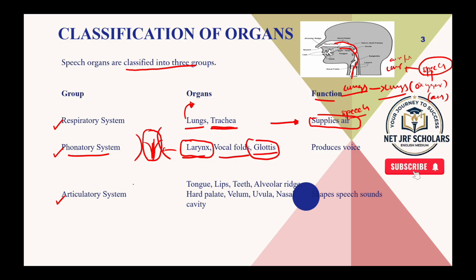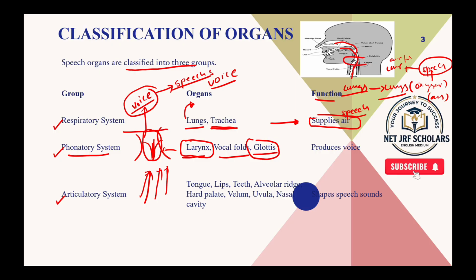Before this, the air is just coming from the lungs, right? And once it comes here, it is converted into voice. It's a voice without any particular speech sound. It's just a voice.